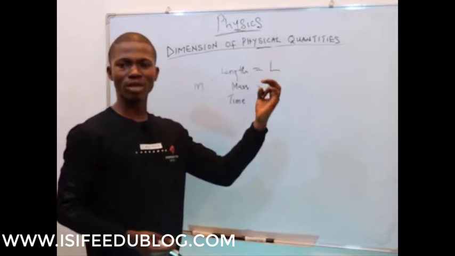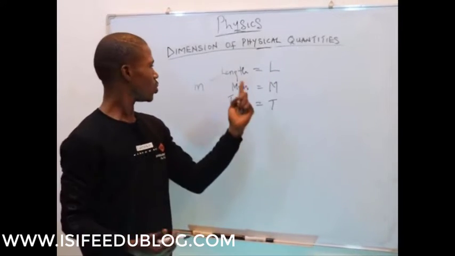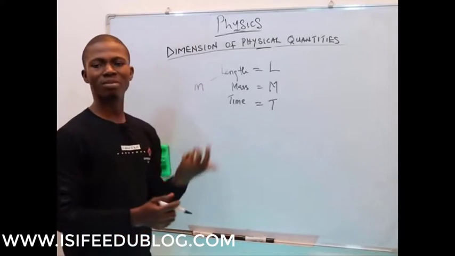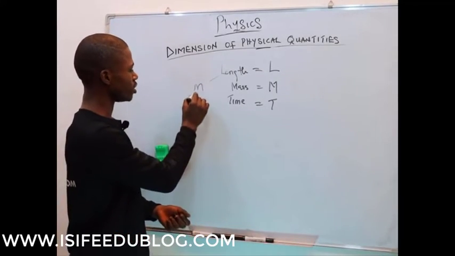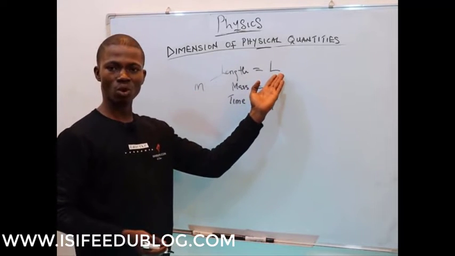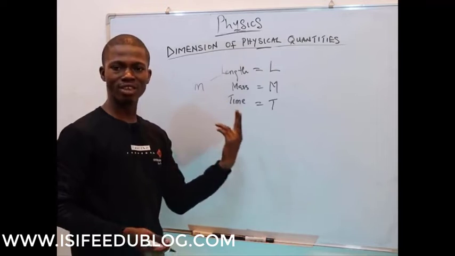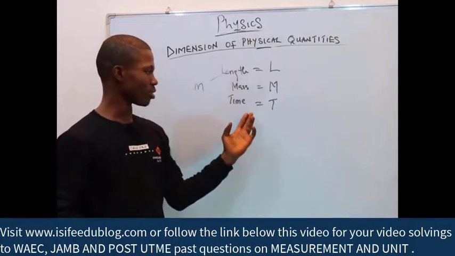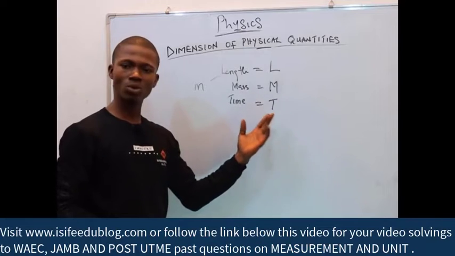Dimension is just a way in which they are connected with the fundamental quantities, and unit is just a means of measuring them. The unit of mass is kg, the dimension of mass is M. The unit of time is seconds, but the dimension of time is capital T.